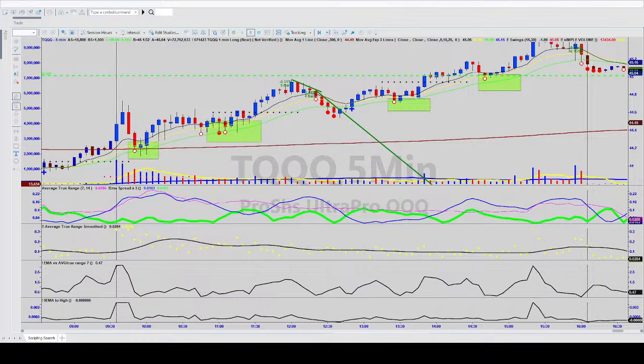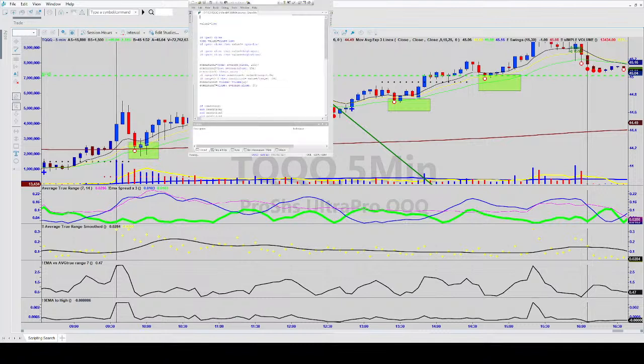So the low. So we're looking for the range. So it'd be something like the low.